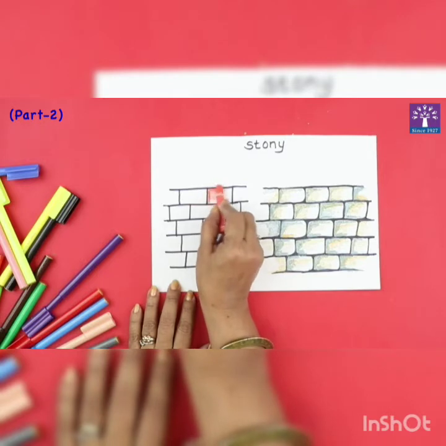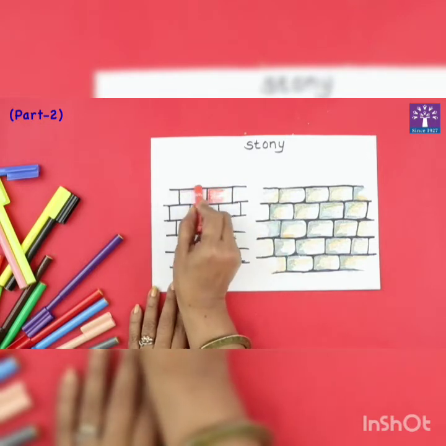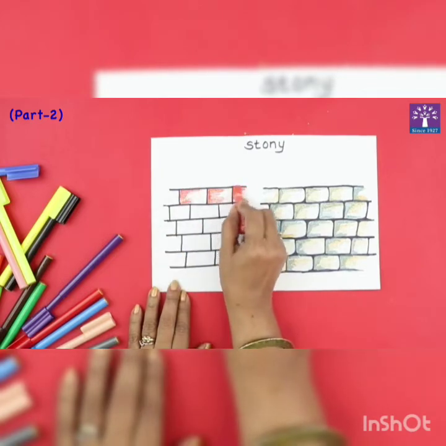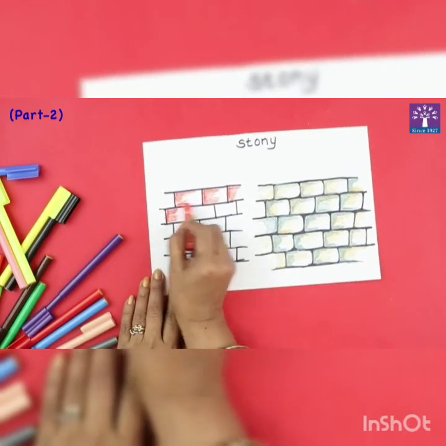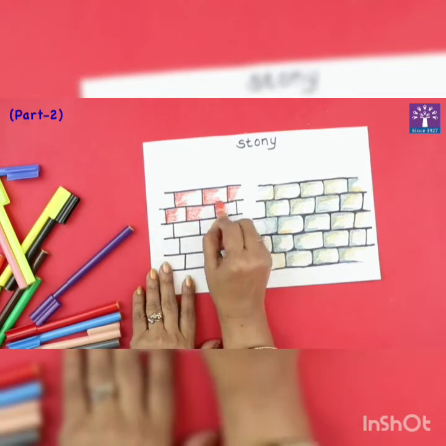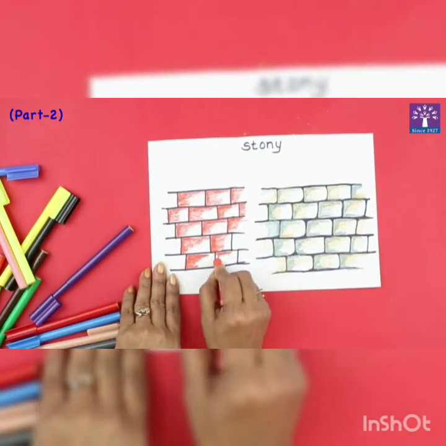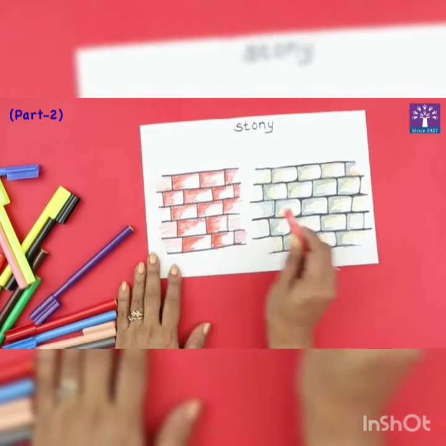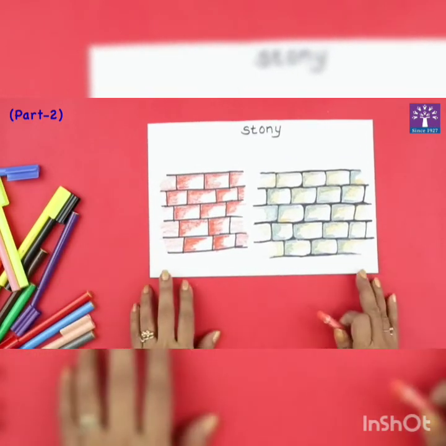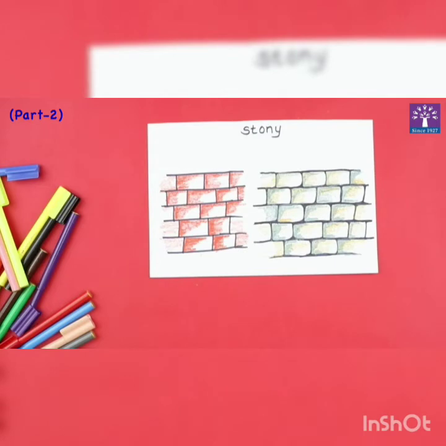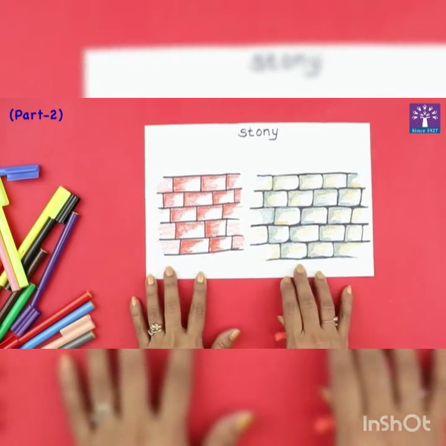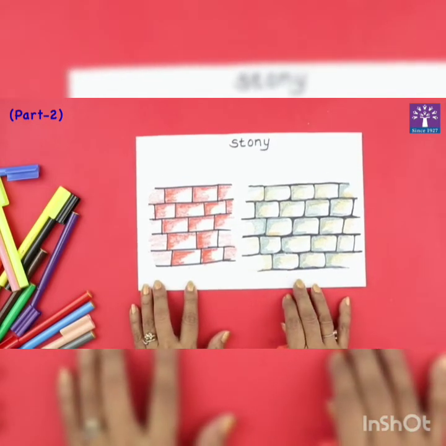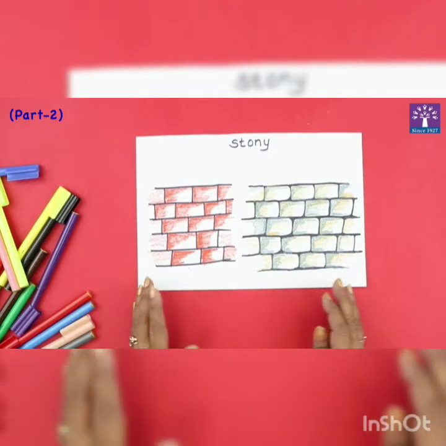So just color it on one side and leave it. So you see, this is giving a brick wall effect or a stony effect, or a texture of a stone or a wall.